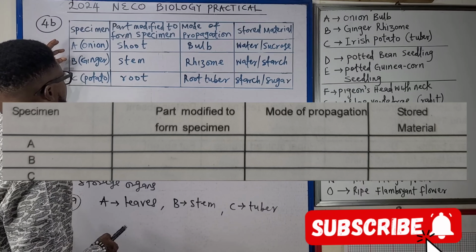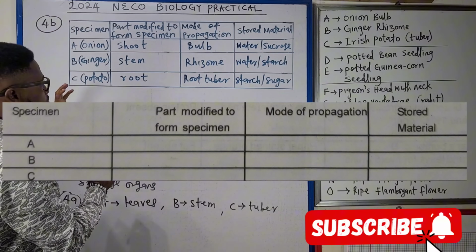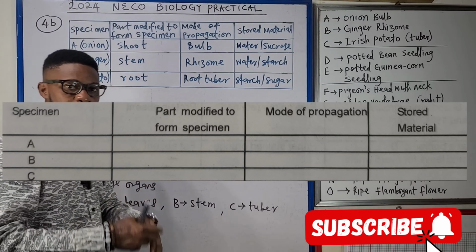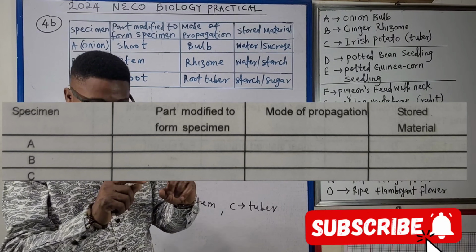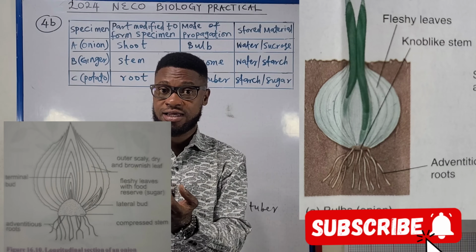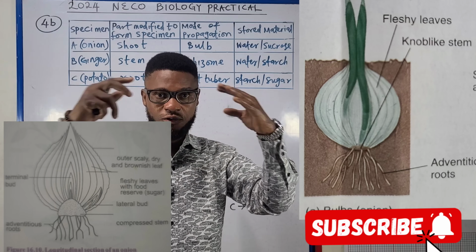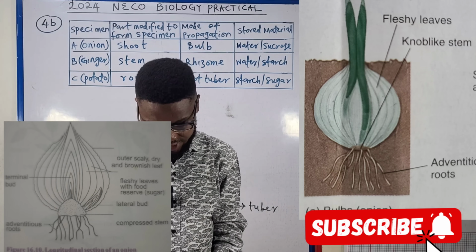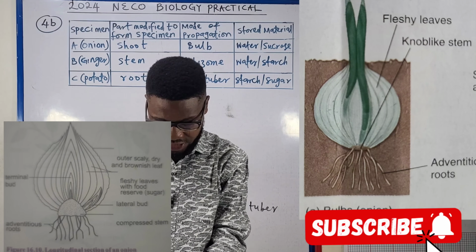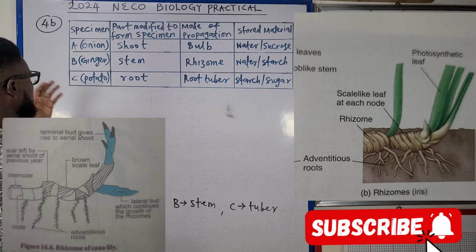In the case of specimen A, the part modified to form the onion bulb is actually the shoots, because you're going to see in the image on your screen, when you look at the onion bulb, you can see the knob-like compressed stem. That's what is modified to then form the onion. So that is why we say for onion, it's the shoot that is being modified.